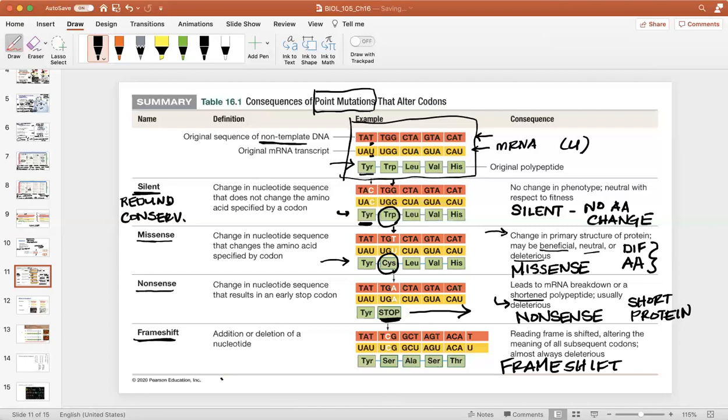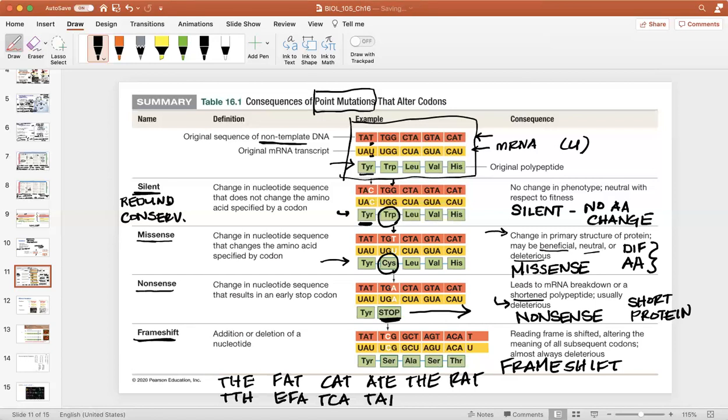So if I typed in the fat cat ate the rat, and I added in a letter, let's just say I add in an extra T, then I would have... Do you see what I've done there?